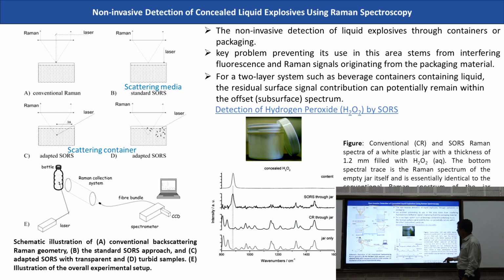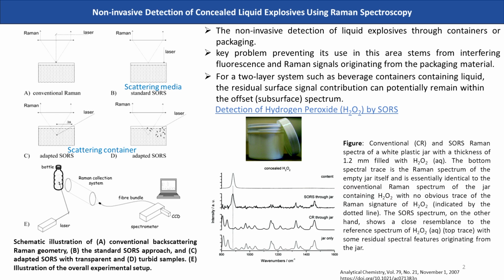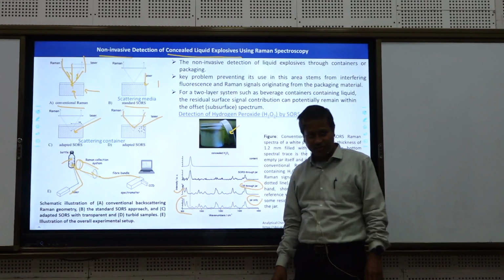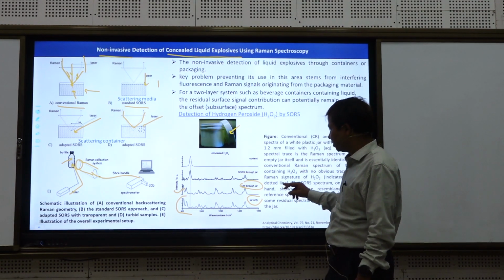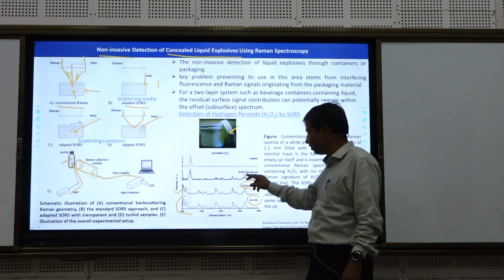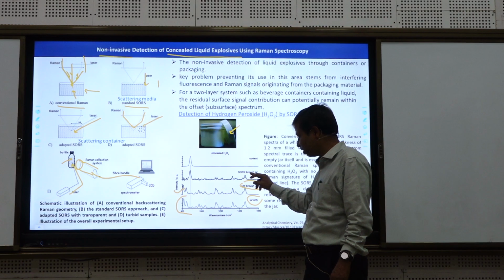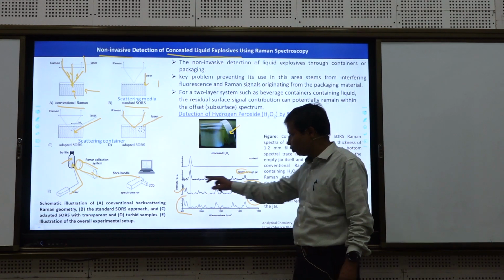Here what they found is that this is the jar spectrum, and this is the conventional Raman through the jar. Conventional Raman means this way, the normal technique. If you do the surface offset Raman spectrum, then you get this one.